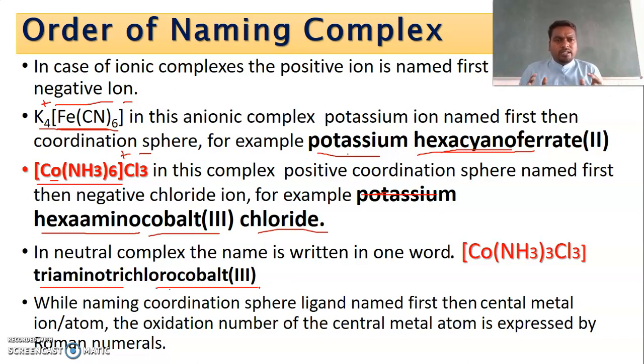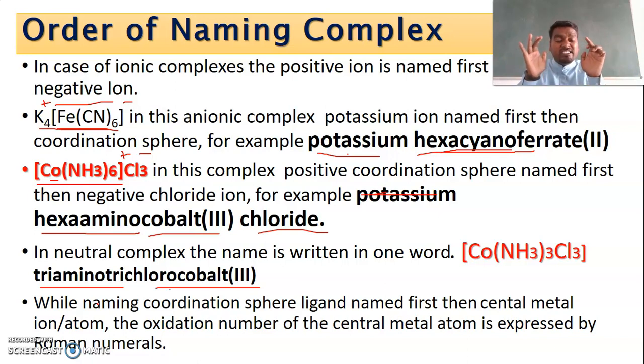Both the ligands and the metal are present within the coordination sphere. That's why there is no need to consider the above rules for neutral complexes. Along with that, we must remember another important rule. So now we understood the naming of coordination complexes that include a counter ion.